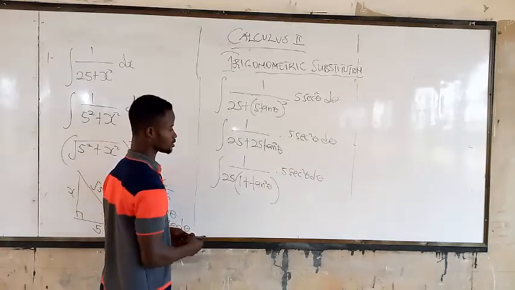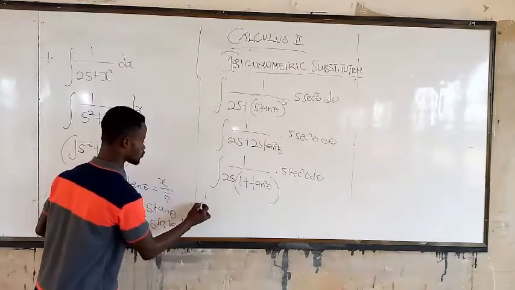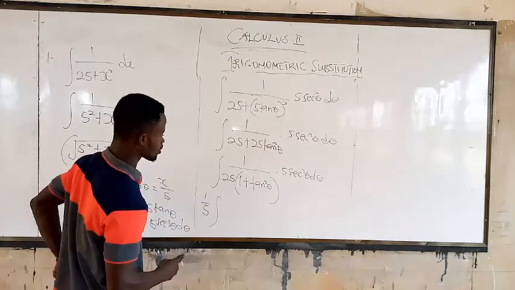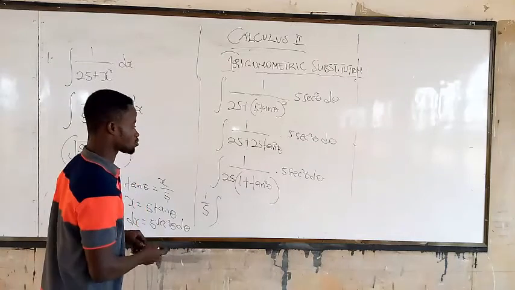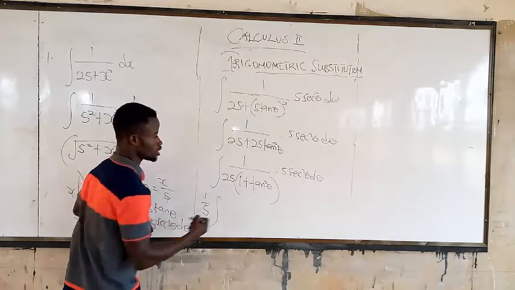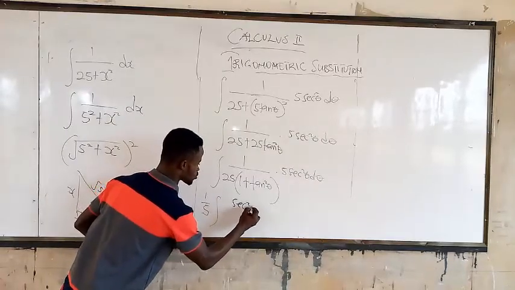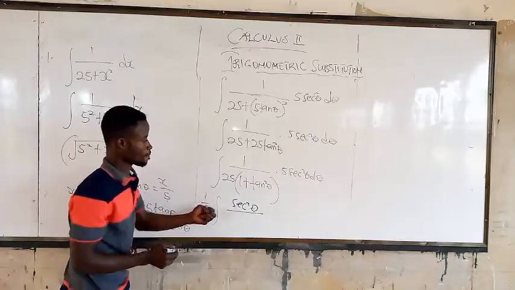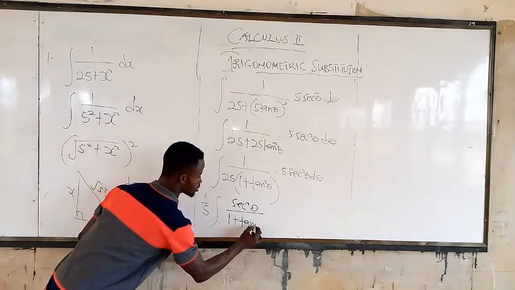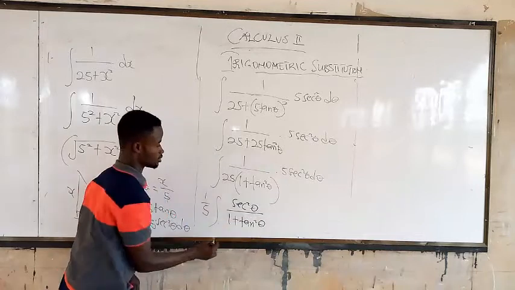You see that? So this can cancel this. You get 1 over 5 integral of sec squared theta over 1 plus tan squared theta.